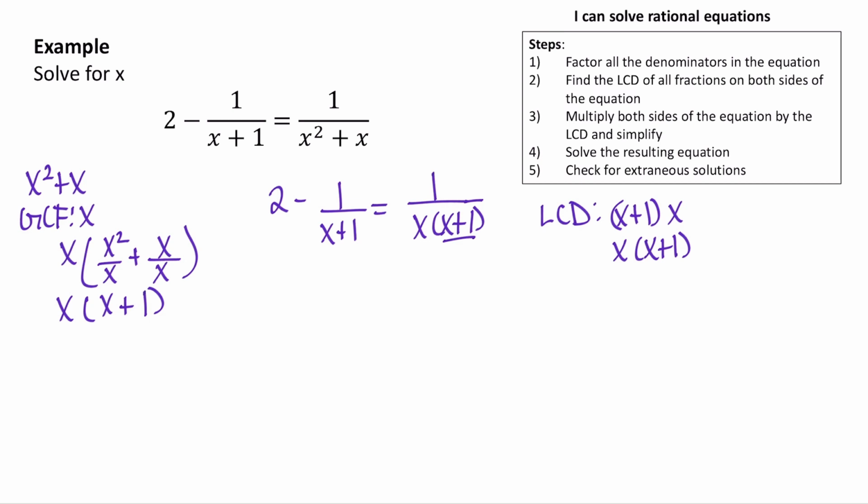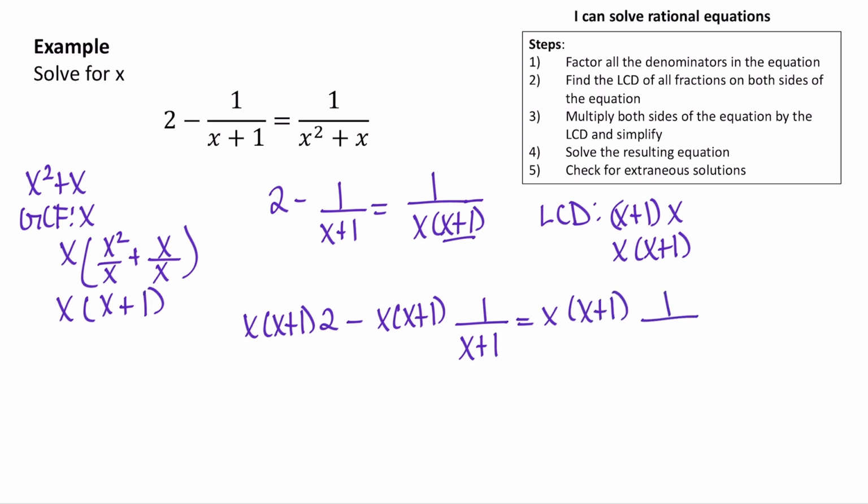So I'm going to multiply x times x plus 1 times 2, and then that x times x plus 1 is going to multiply 1 over x plus 1. And that equals, over here, I'm also going to multiply that x times x plus 1 times 1 over x times x plus 1. What's going to happen here is I'm going to cancel common factors, do all the things that we normally do.